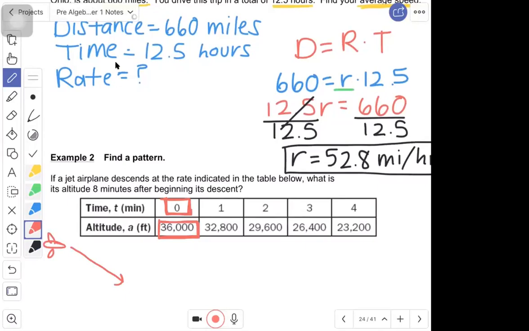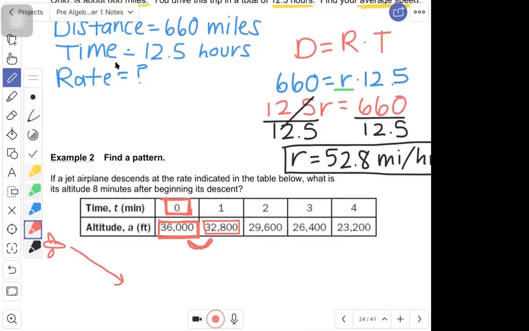So after the first minute, now we're at 32,800 feet. Let's find out what this difference is here. How many feet did we descend? Does anyone have a calculator? How many feet did we go down in that first minute?